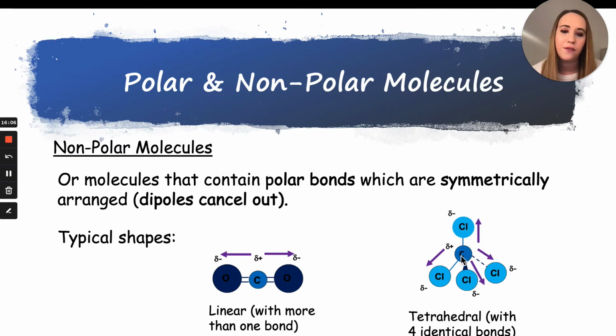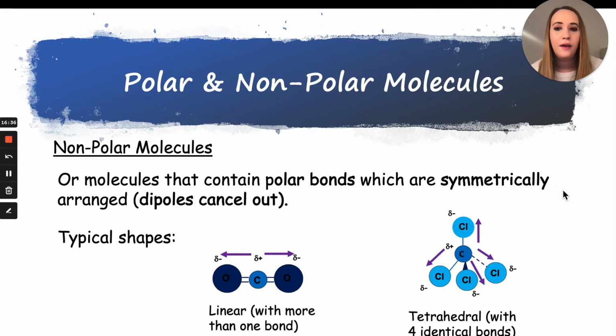You can think of it like the slightly negative charge spreading out equally in all directions from the carbon. So that is another symmetrical shape that allows the dipoles to cancel. They're the common ones that you'll see for non-polar molecules where they have polar bonds but they cancel out.